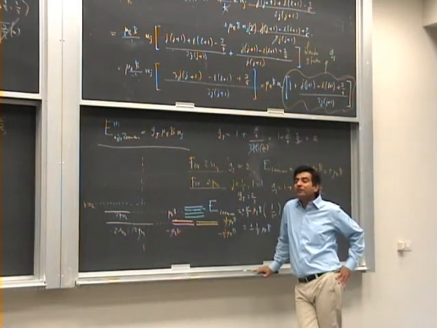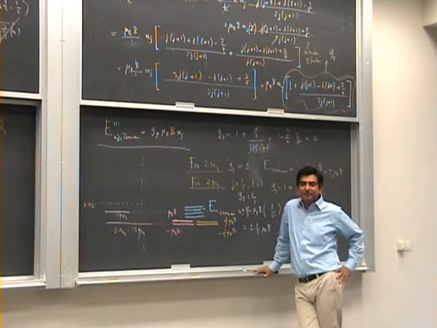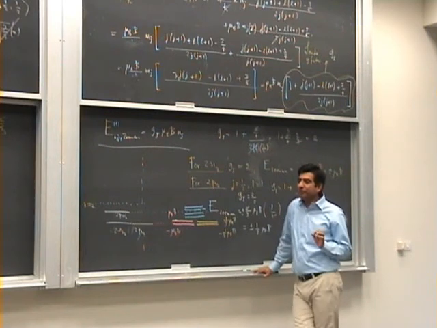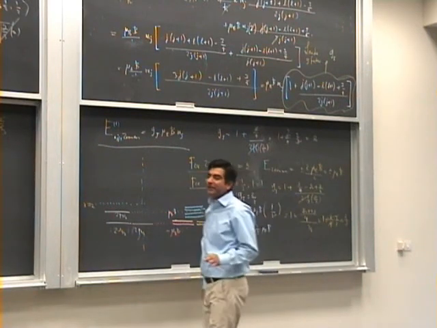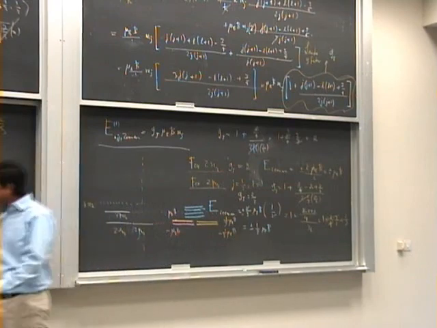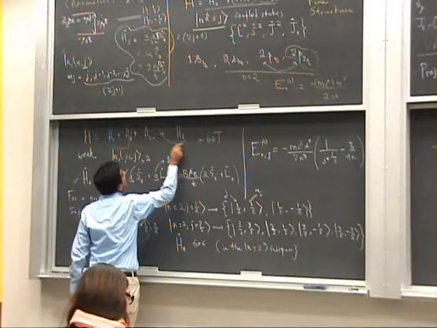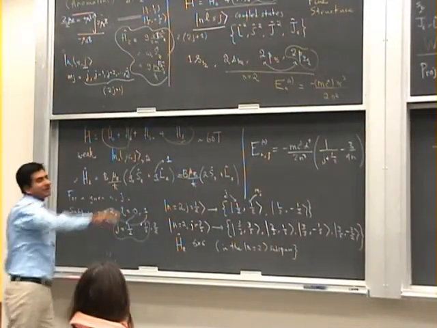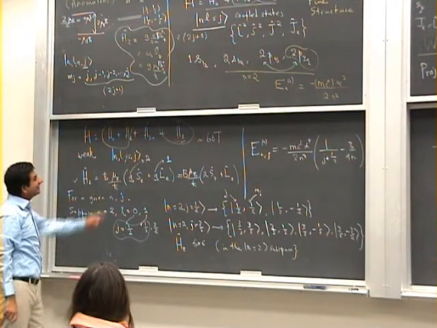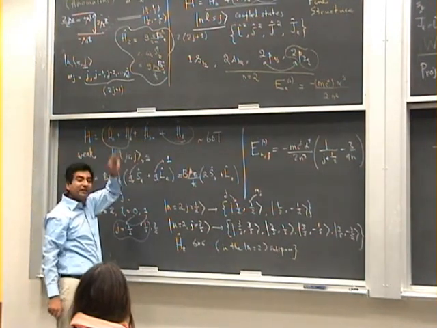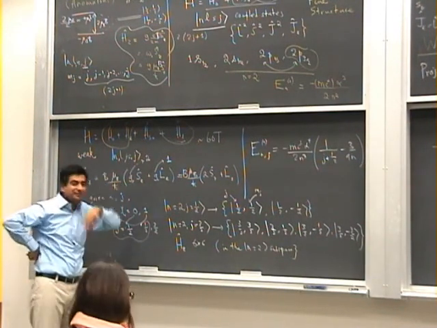Now if I have a strong magnetic field, this is something I would like you to do on your own. Then my Hamiltonian is such that H naught plus Hz is treated as the unperturbed Hamiltonian, and the spin orbit interaction, which is much smaller, has to be treated as the perturbation.